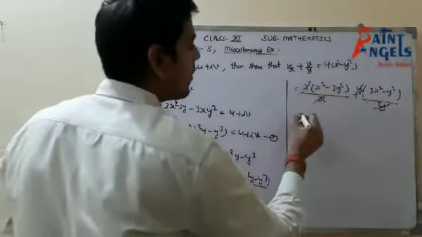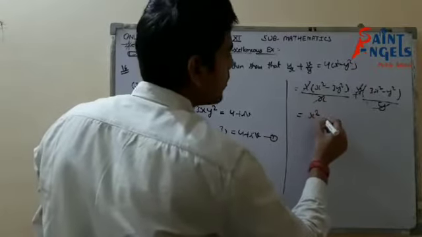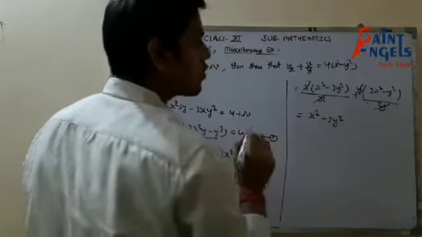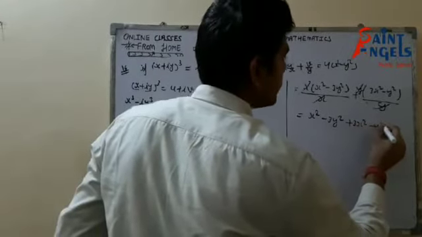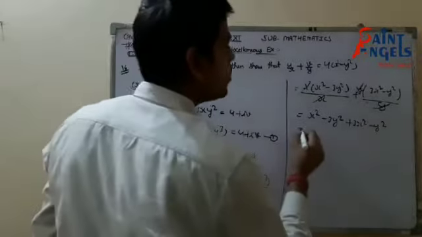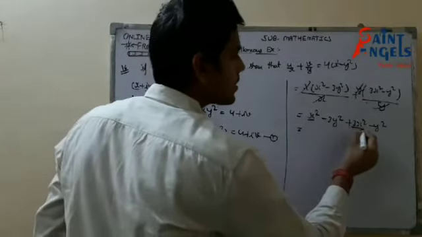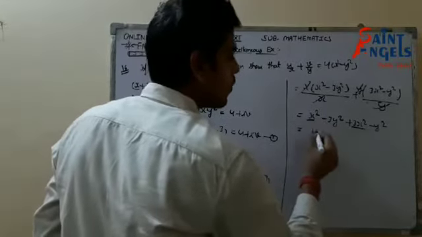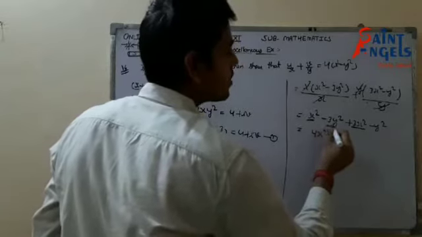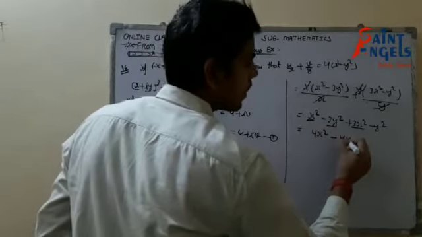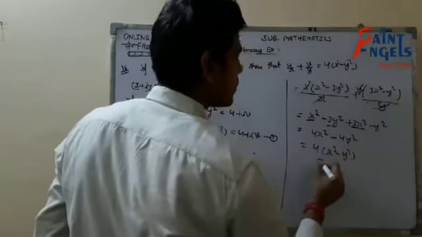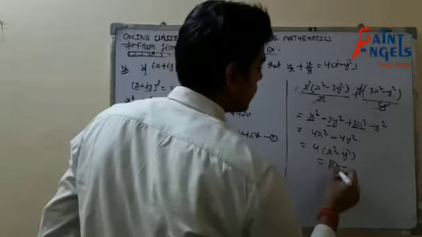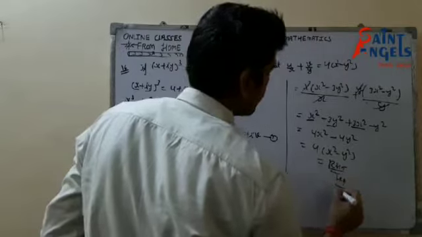We are left with x square minus 3y square plus 3x square minus y square. So it would be 3x square plus x square, 4x square, minus 3y square minus y square, minus 4y square. Taking 4 as common, 4(x square minus y square), which is equal to the RHS.